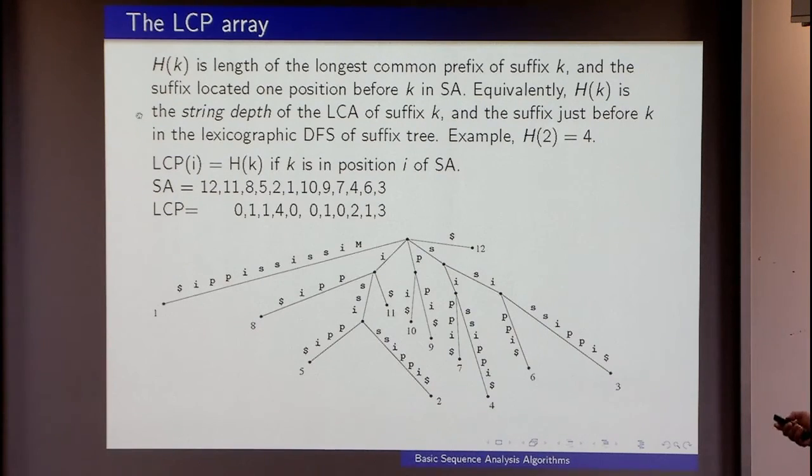So even though I defined it in terms of the suffix tree, because it's visually clearer, I want to be able to find this array, or another way of saying it, I want to find these H values without having the suffix tree. Okay.